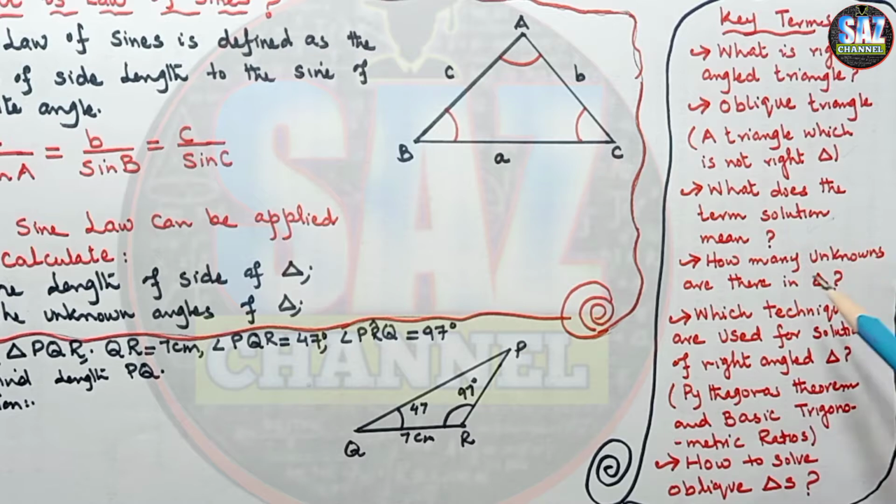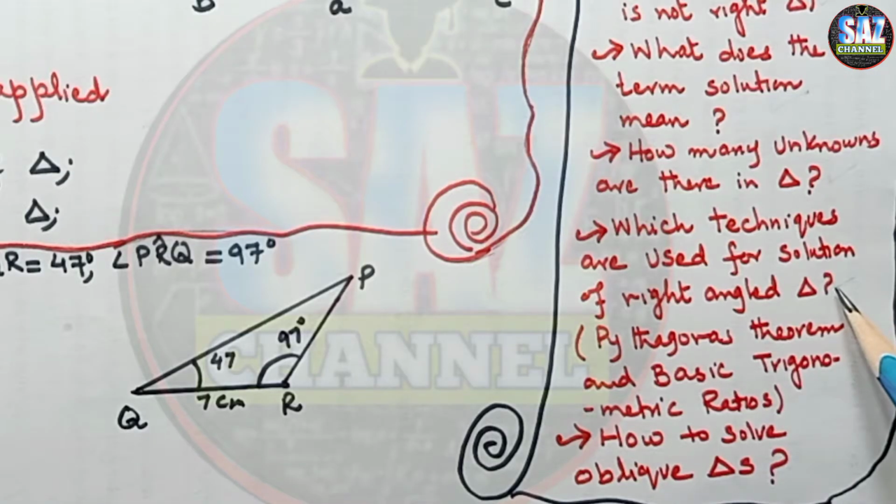Depending upon the situation, how many unknowns there are in a triangle and which techniques are used for the solution of a right angle triangle: if you recall my previous lessons from D2, for finding unknown lengths of a right angle triangle we can apply Pythagoras theorem or basic trigonometric ratios.